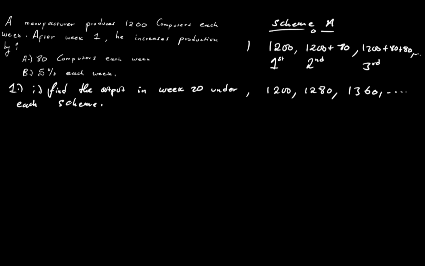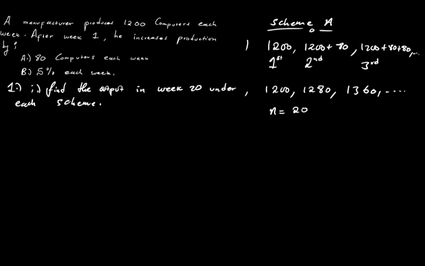We need first to understand that this is not the total amount of computers we need to find in this question. We just want to find the output in a given period of time. So our duration is n, which is 20 weeks. Now we need to find what the output would be. The output will be found by using the nth term formula, where nth is equal to a plus n minus 1, then d.